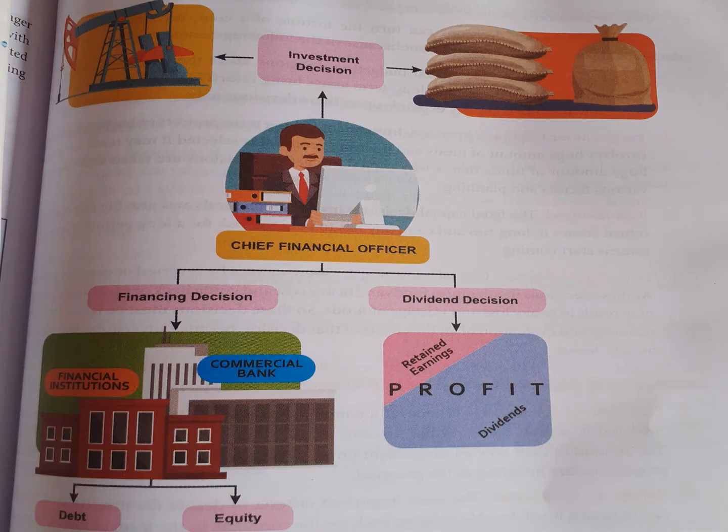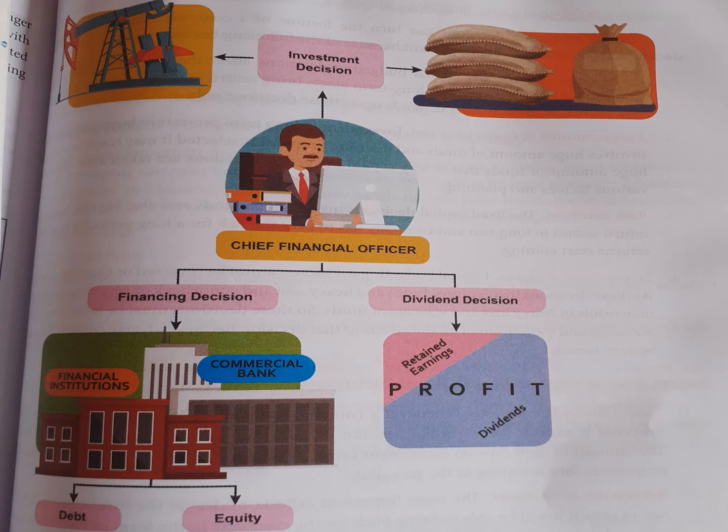The same thing we have put it in the diagram format, where you could have a better understanding that when we talk of investment, plant and machinery, when we talk of working capital, the day-to-day requirement in terms of resources for production, when we talk of financing, whether we are taking debts or we are putting our own, that is equity.